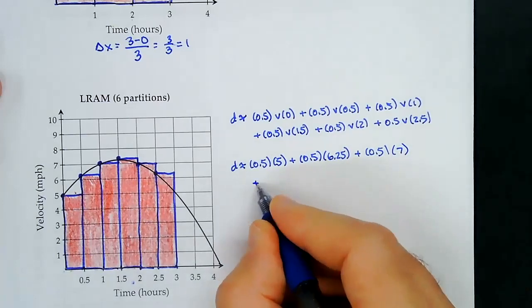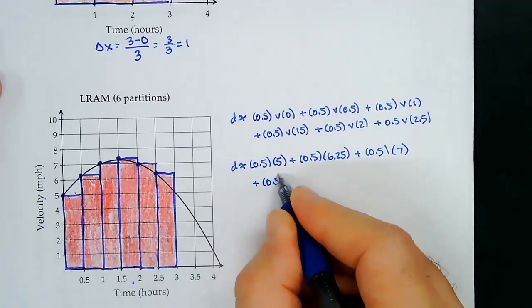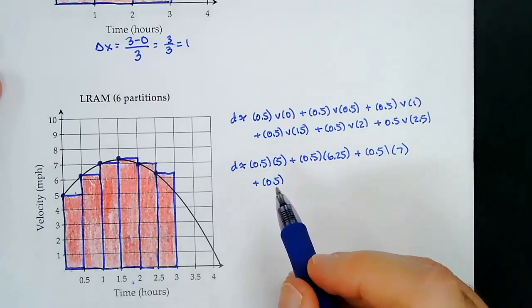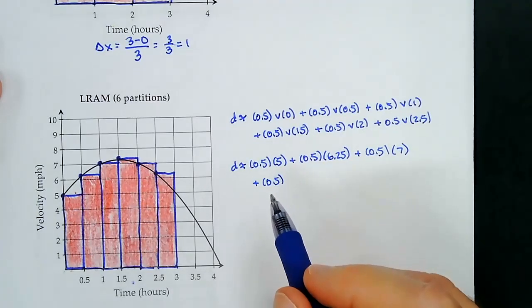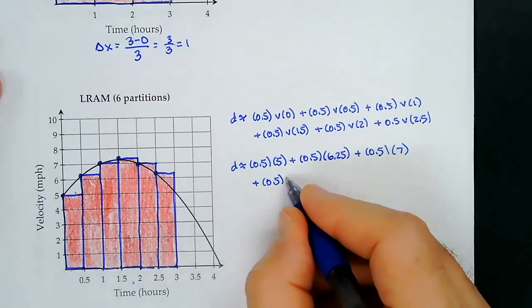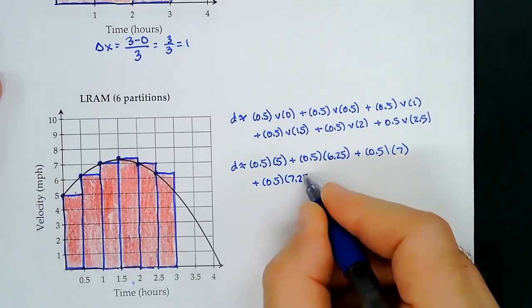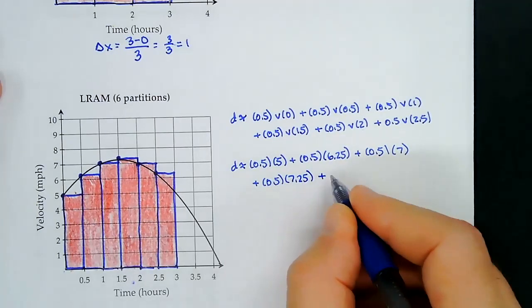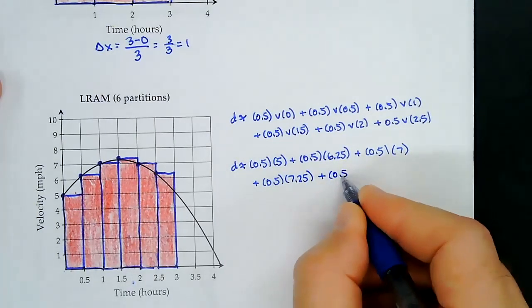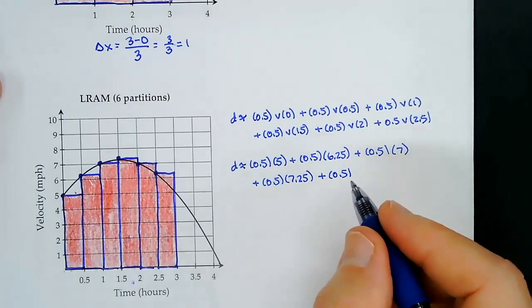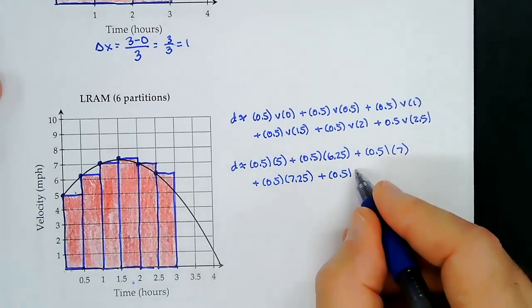And then plus 0.5, and v of 1.5, v of 1.5 is 7.25. And then plus 0.5, and then v of 2, and v of 2 is 7.